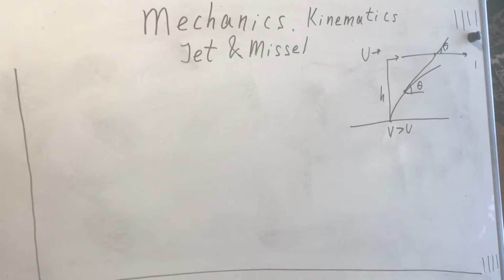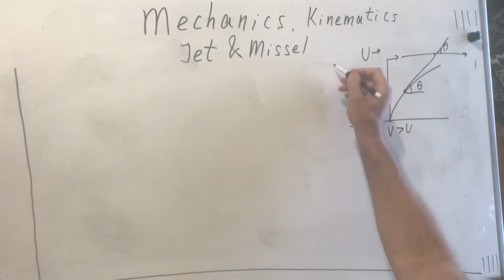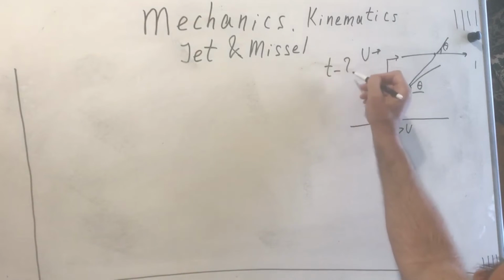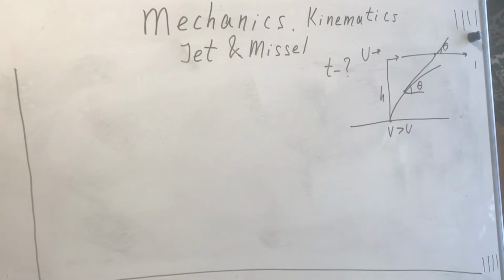So it means that this missile will eventually meet this jet. And the question is, we need to find what the time for this travel is. How long will it take for the missile to meet this jet? Let's write the same equations.